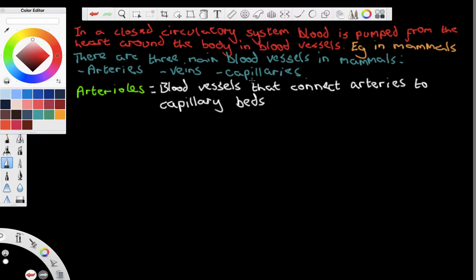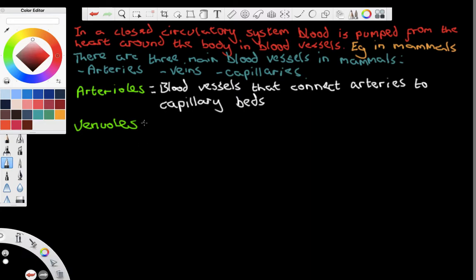Okay? On the other hand, we've got what are known as venules, which connect capillary beds to veins.